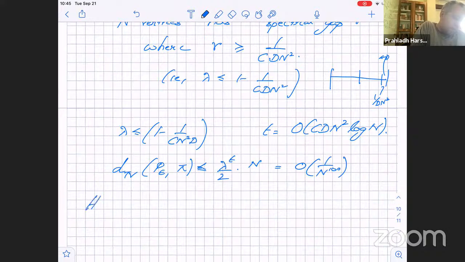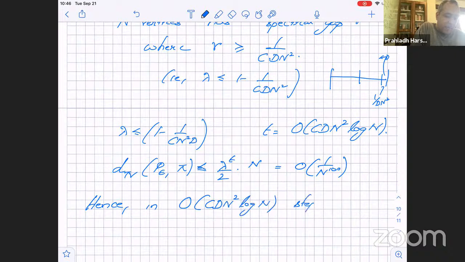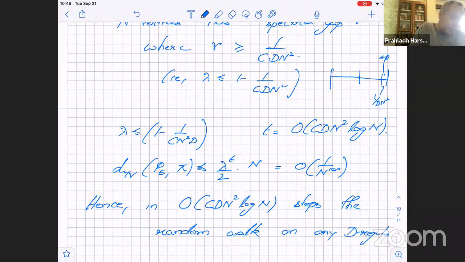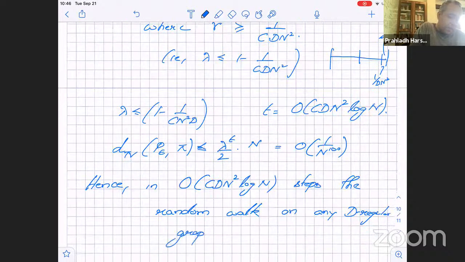Hence, in order cd n squared log n steps, the random walk on any d-regular graph converges to the stationary, to the uniform distribution.